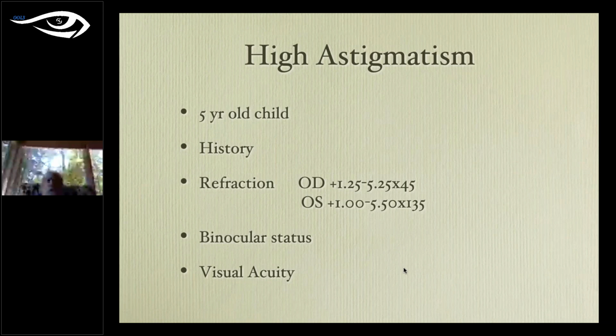All right, high astigmatism. Similar history. Kid failed division screening. Nobody knew the kid had a problem. Now, in the United States, in particular, we have certain ethnic groups that have vastly more astigmatism than other ethnic groups.